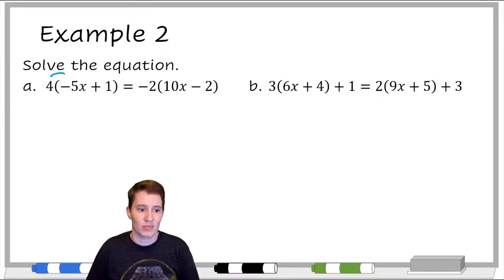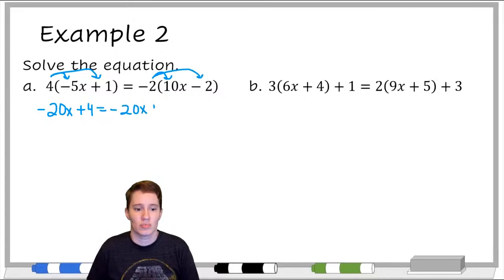So I'm going to start by distributing this 4 and get negative 20x, and then plus 4. Then I'm going to distribute this negative 2, so I get negative 20x plus 4. And as I said in the last one, this is the point where you could stop and say what the answer is if you realize it.